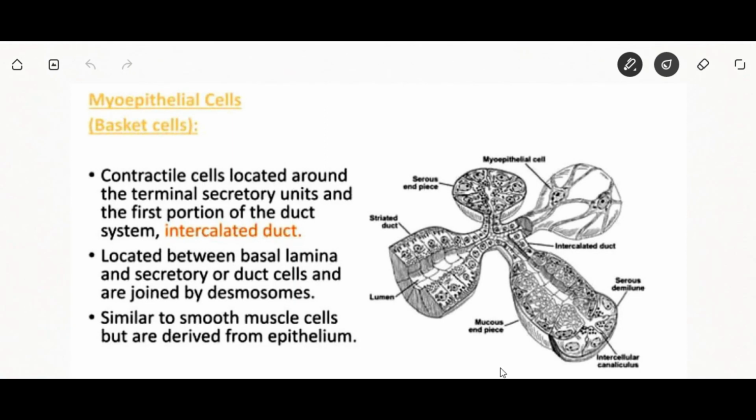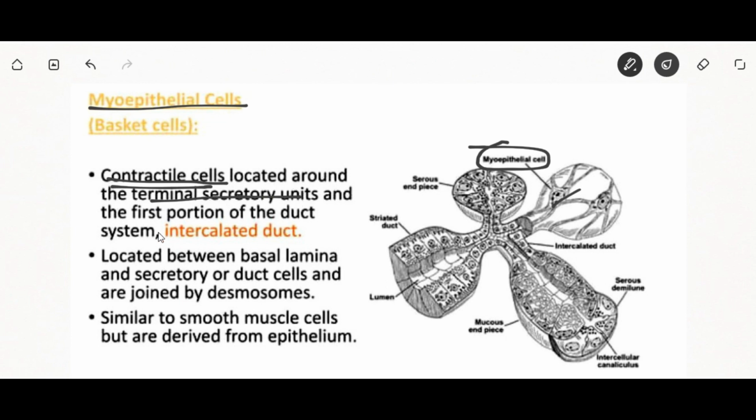What are myoepithelial cells? These are also known as basket cells. They are contractile epithelial cells. They are also end piece cells belonging to another family, having no secretory function.